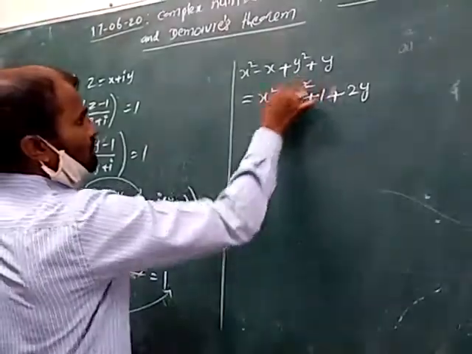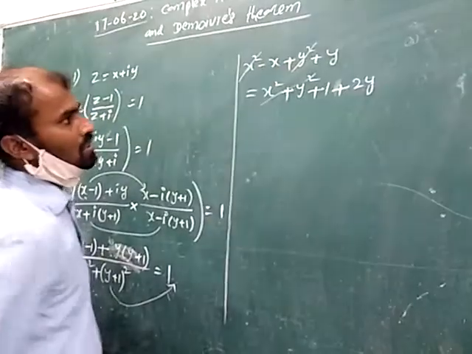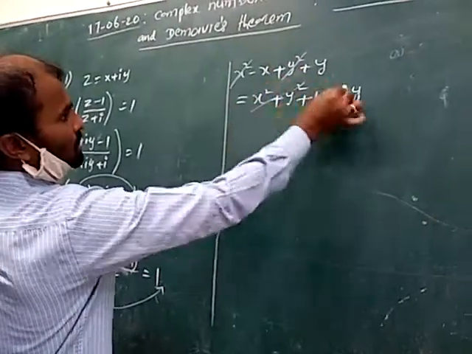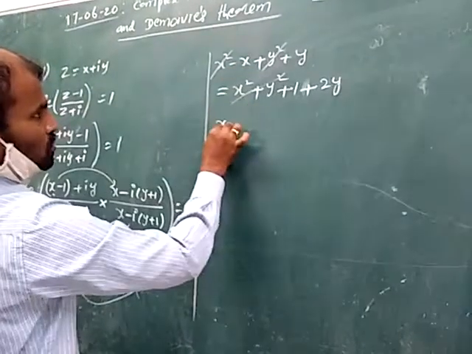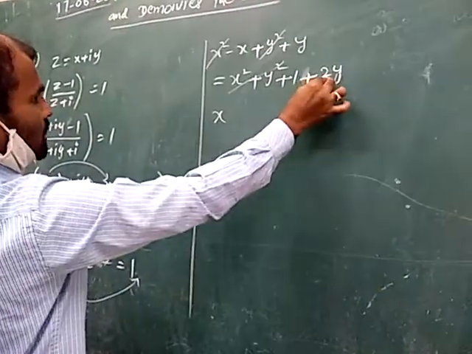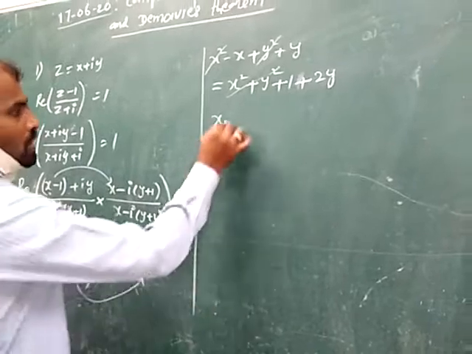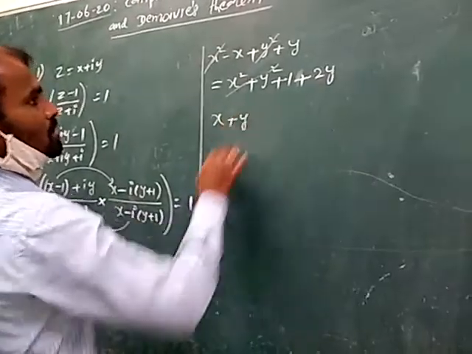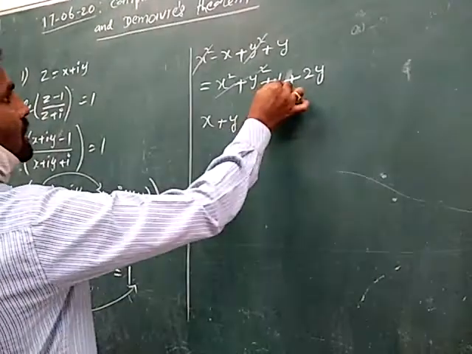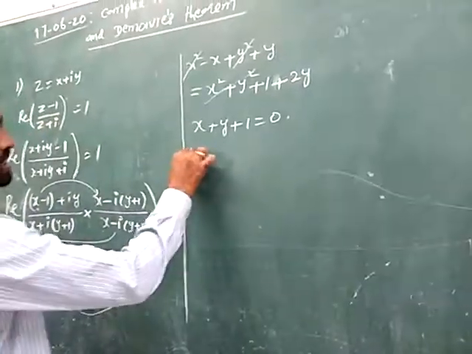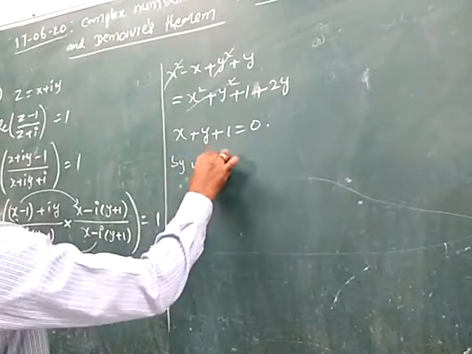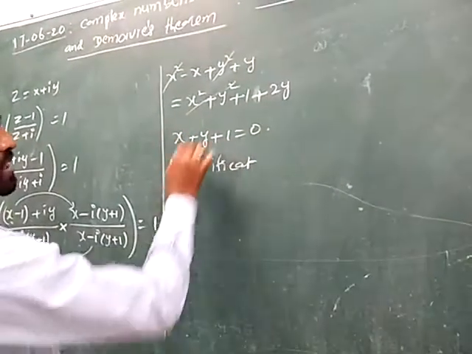Now on both sides the x square and y square terms cancel. Now the x term on this side: minus x becomes plus x, plus y becomes minus y. Already we have here plus 2y, so plus y, and then plus 1 equal to. Now by verification, we require the x and y values.